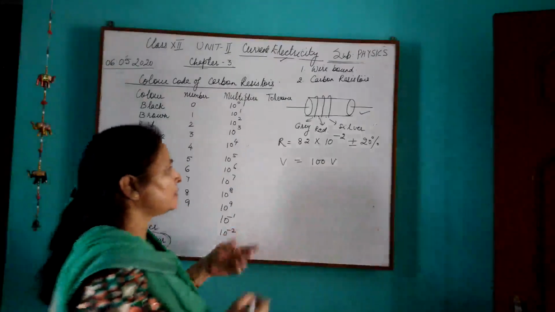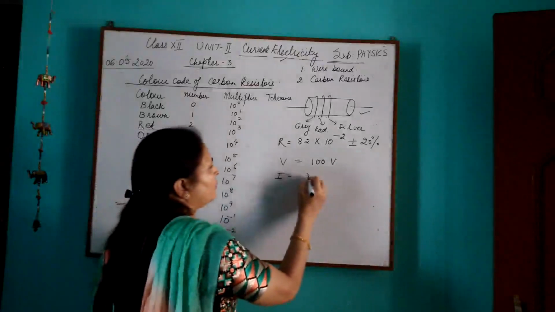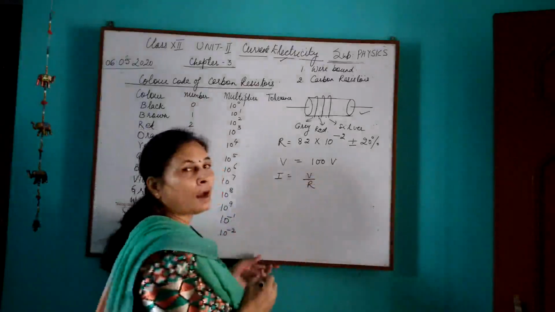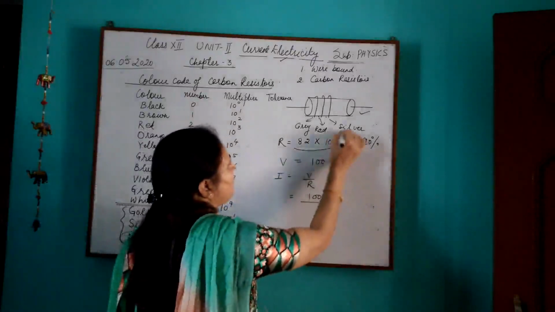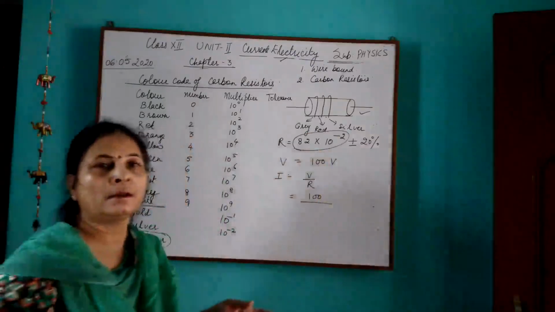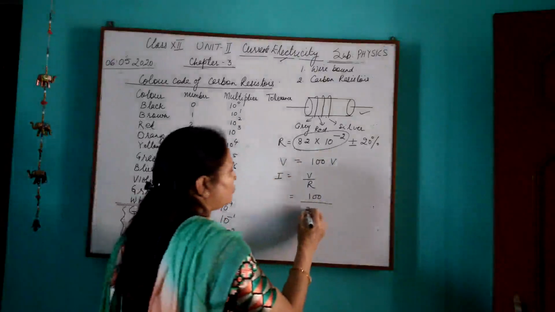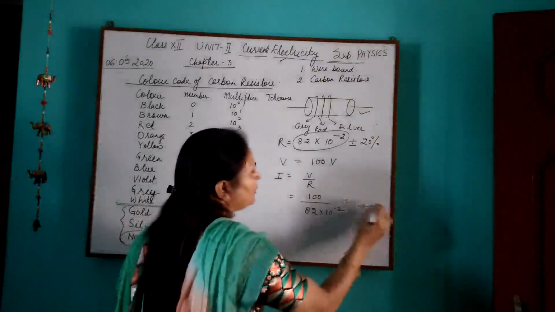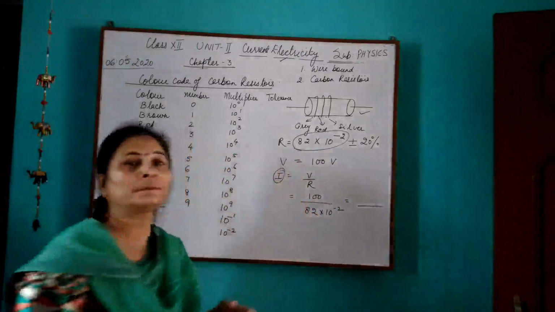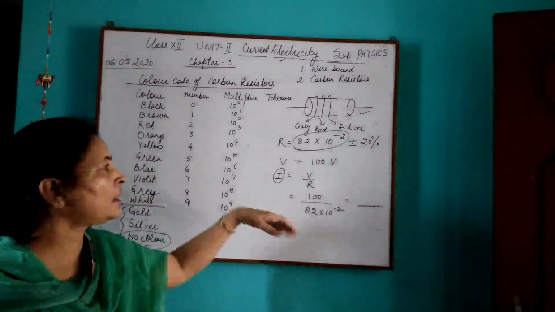Then in that case, I will be equal to V upon R. This will be equal to 100 divided by, you will use only this value for finding out the current, 82 into 10 to the power -2, and whatever answer you will get, that will give you the value of current I. This is another form of question.